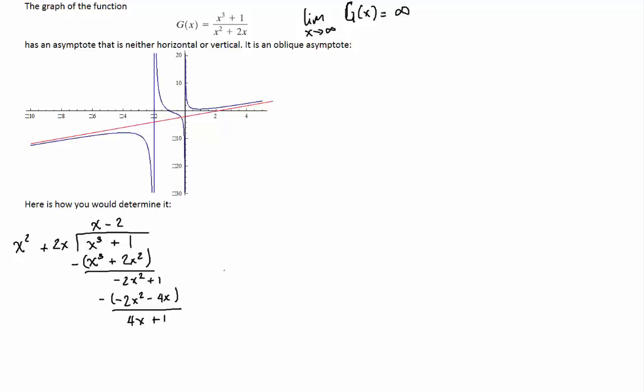So what this is telling me is that I can rewrite g of x, instead of writing it as this fraction, as the quotient of the long division, x minus 2, plus, and then you copy your remainder, 4x plus 1, divided by the divisor, which is x squared plus 2x.